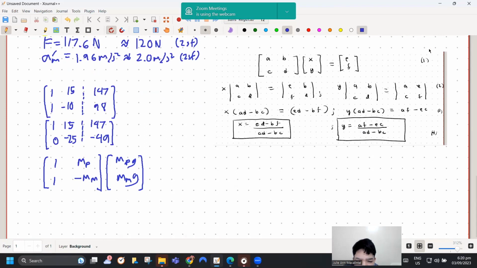So AX plus BY equals E. CX plus DY equals F. So compare that with yung equation.